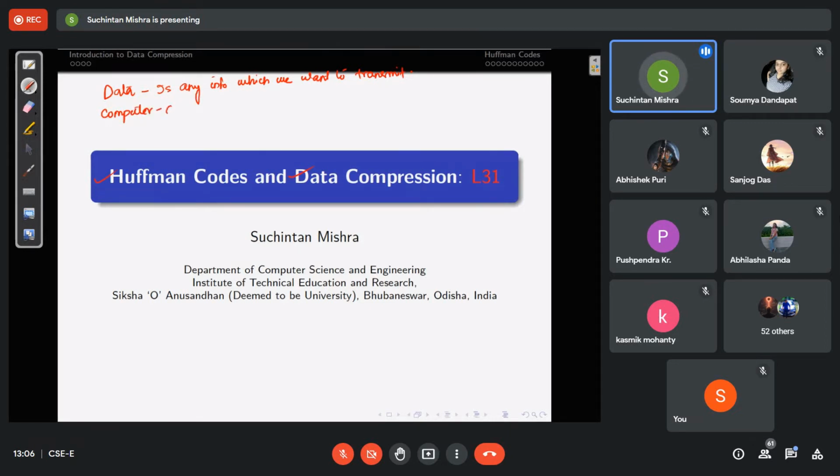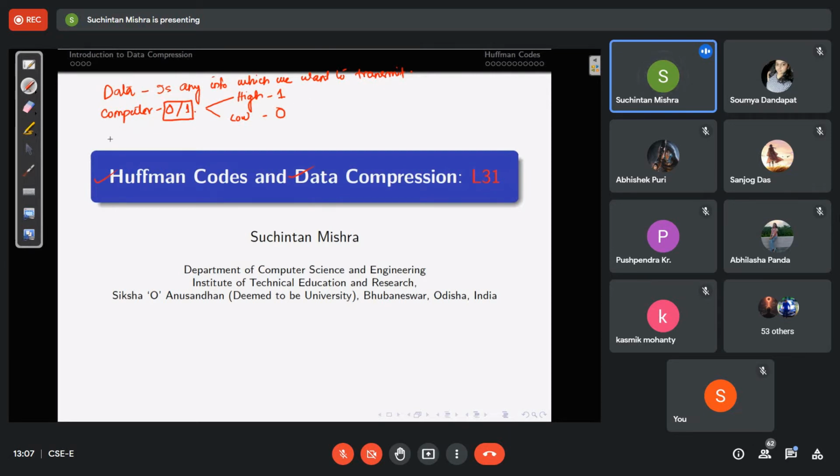It can only understand zeros and ones. These are the two things that a computer can understand. Or in other words, it can be called the high voltage and the low voltage, where 1 represents the high voltage and 0 represents the low voltage. So everything that we represent must be represented in the form of zeros and ones.